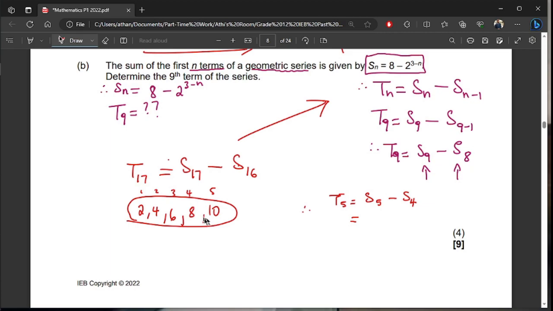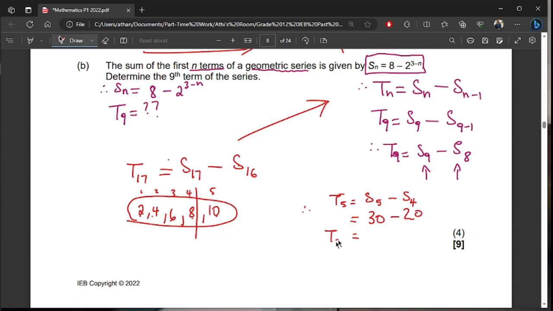So let's try to do that. 2 plus 4 is 6, plus 6 is 12, plus 8 is 20, plus 10 is 30. So the first 5 terms are 30 when you add them together, minus S4, meaning minus the sum of the first 4. So 2 plus 4 is 6, plus 6 is 12, plus 8 is 20.